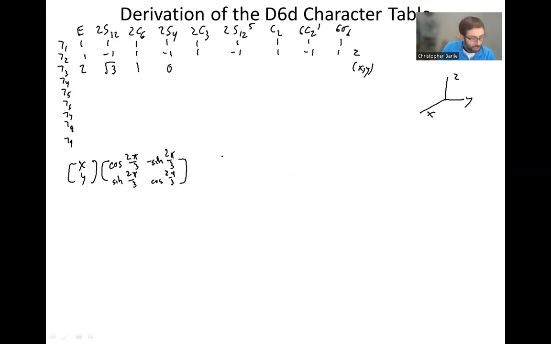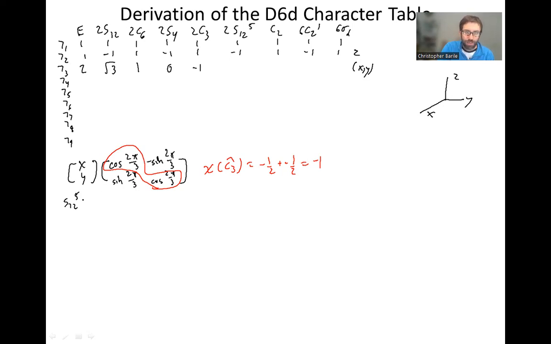And so the cosine of 2 pi over 3 is negative 1/2. So when we take the trace of this matrix, we get that the chi, this is for C3, is equal to negative 1/2 plus negative 1/2, which is equal to negative 1. So this is negative 1 right here. All right, next one, we have an S12 5.